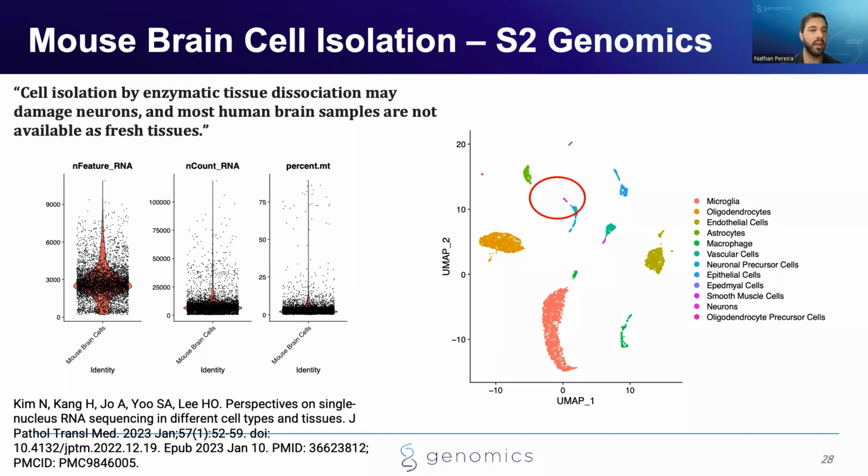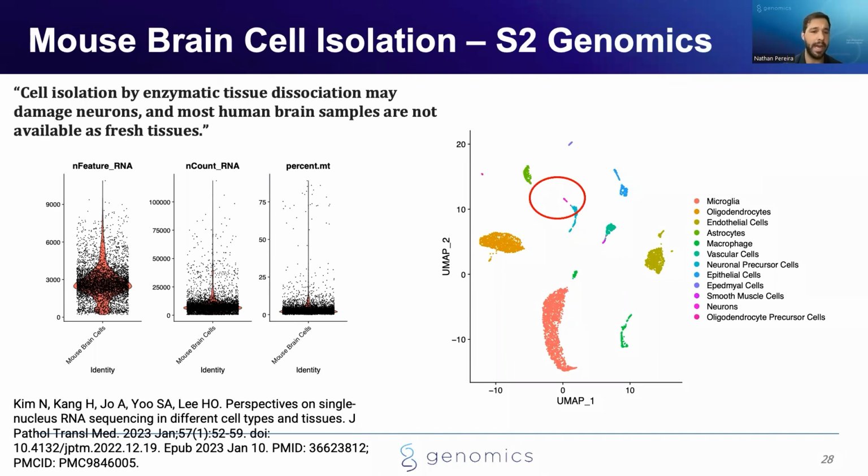So this is data coming from mouse brain cell isolation from the Singulator. Again, you can see a variety of different cell types that you would expect: microglia, oligodendrocytes, astrocytes, a variety of immune cells as well. And then there is a small neuron population right there in the middle.